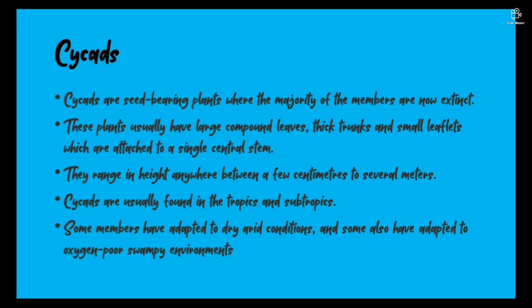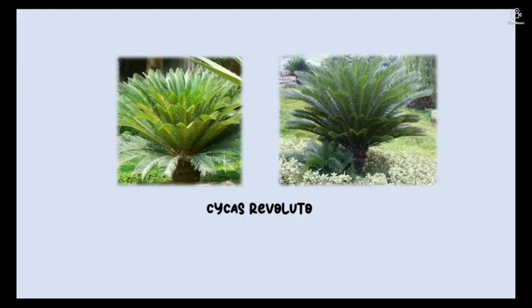Cycads are usually found in the tropics and subtropics, and some members have adapted to dry arid conditions, and some have also adapted to oxygen-poor, swampy environments. We take a look at one of the species from cycads, which is Cycas revoluta. Here's the picture of it.